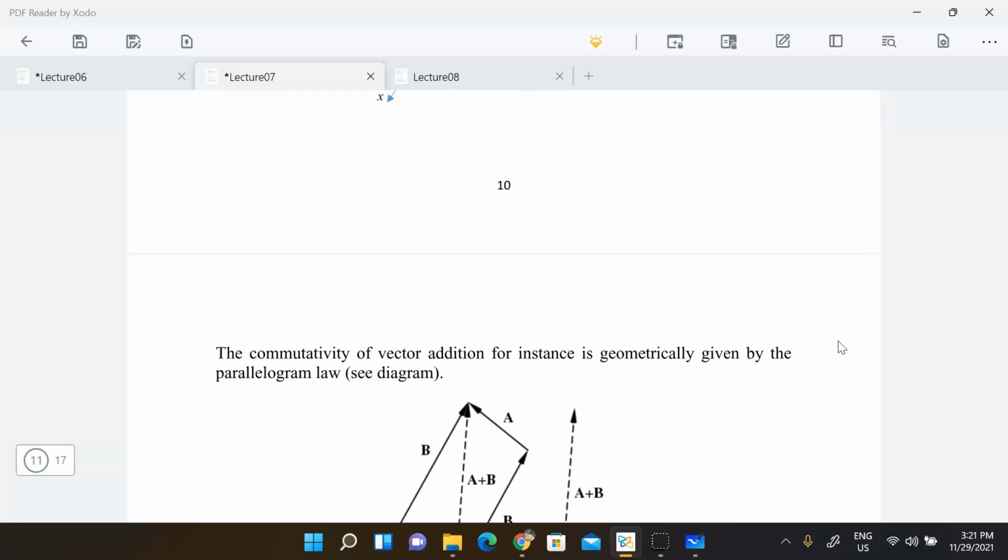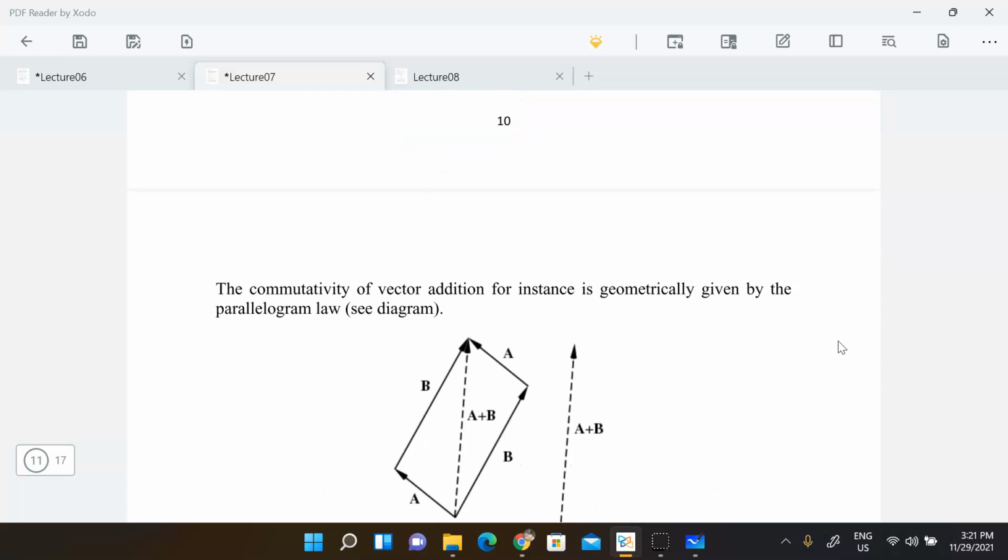But here I want to highlight two different approaches to vectors. Okay, one approach is to be algebraic. Okay, so the algebraic approach is to decompose things into components.